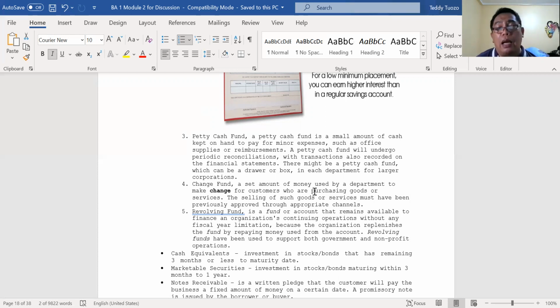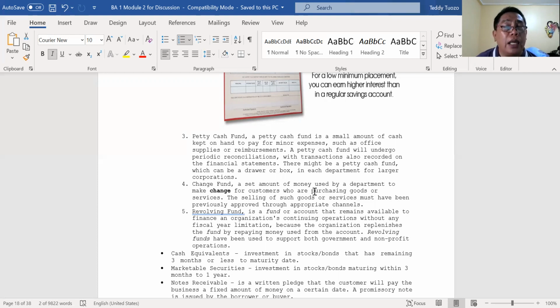Another example of the first use of the petty cash fund: if, for example, you are sent by ma'am or sir to canvass amounts for items to be purchased.